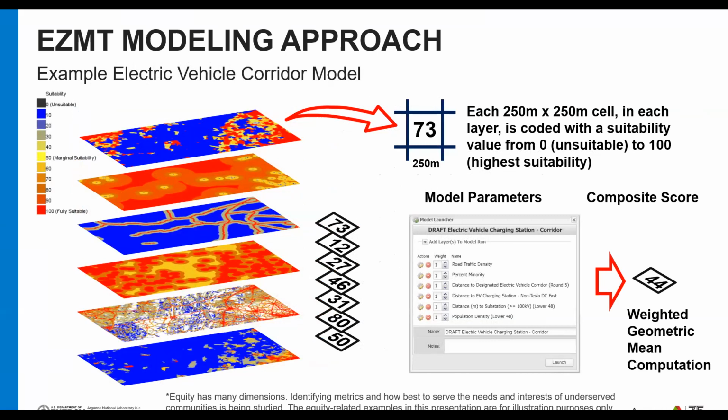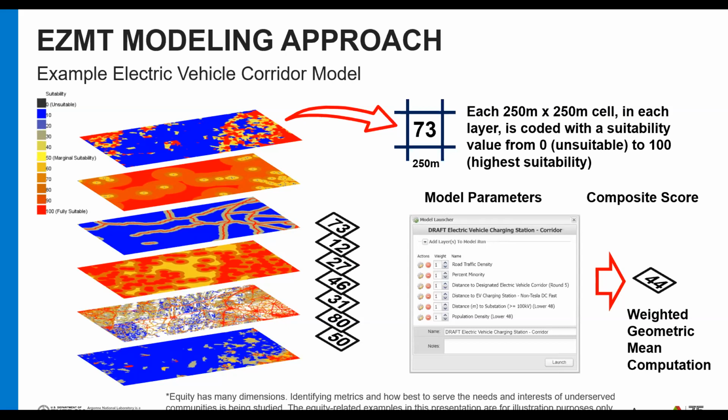And then within each layer, particular areas are scored with a value from 0 to 100. For example, if you're close to an EV charging station, you might have a low suitability score because you don't want to site another station right there. You want to site it within a gap, depending on your objectives.